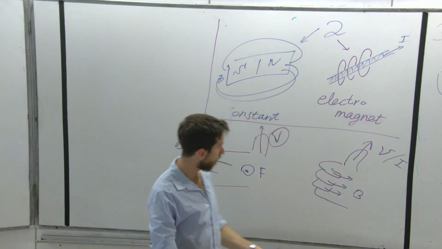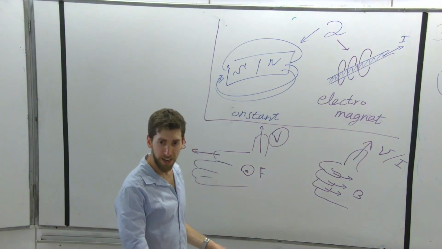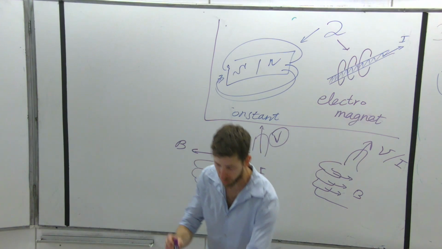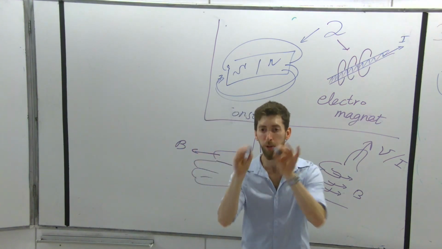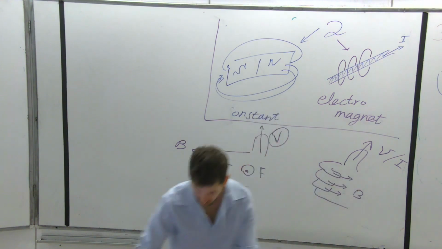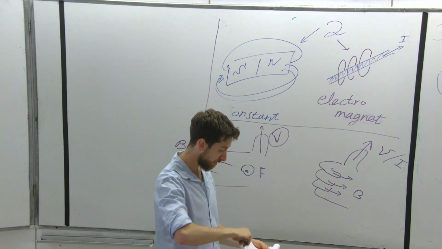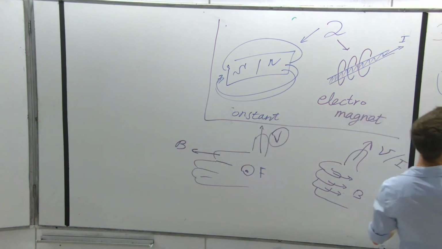So my question to you, now that you understand this concept, let's see you in action. Let's say that I have two wires, pointing at your face. What is the magnetic field in space? Let me clean that.